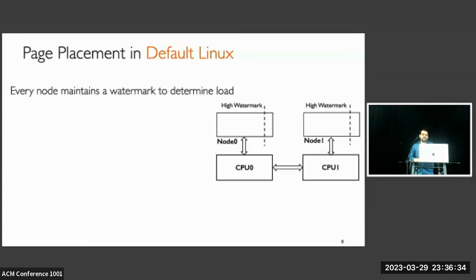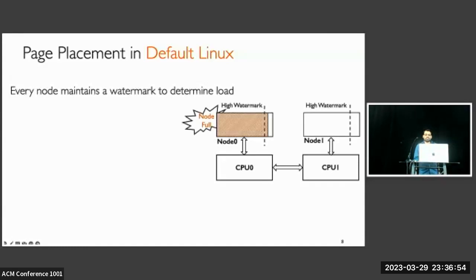In today's Linux, every node maintains 3 watermarks, min, low, and high, to determine the load of that memory node. These watermarks indicate how much free memory is available in a specific node. So the default allocation policy is you allocate pages on the memory node attached to the CPU where the process is running.